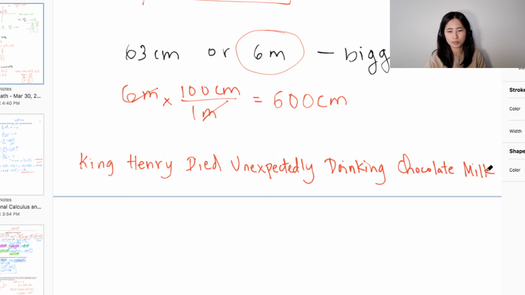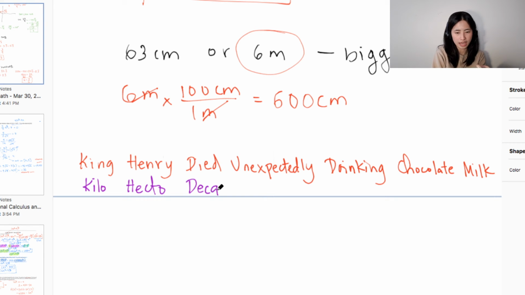I know this sounds pretty stupid, but this is how you're going to remember your SI units of conversion. This is kilo. This is hecto, not hecta. And this is deca.